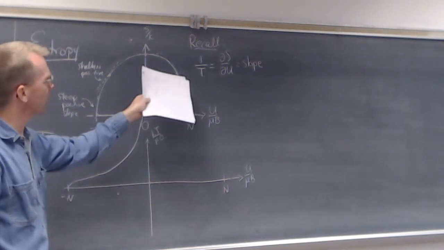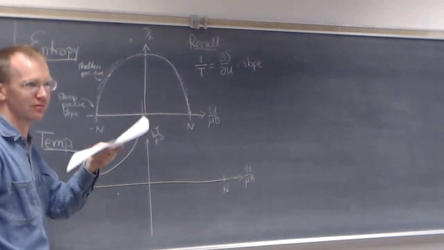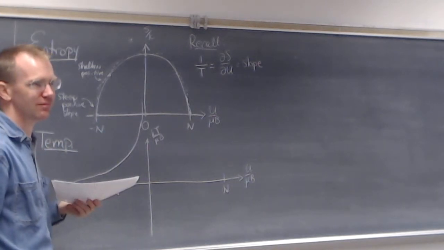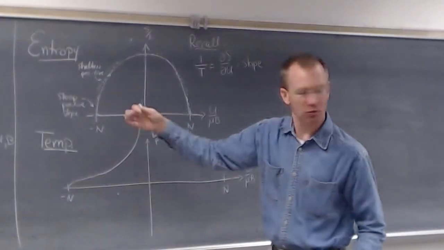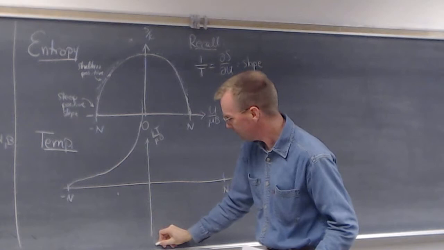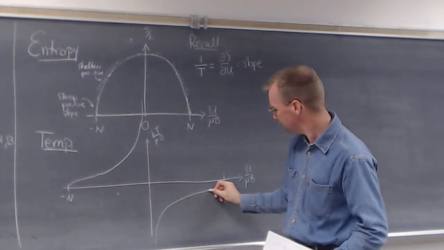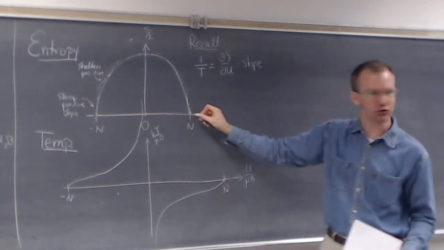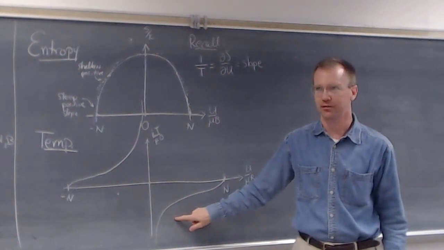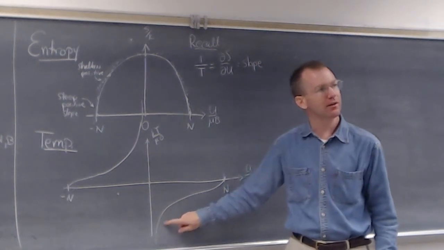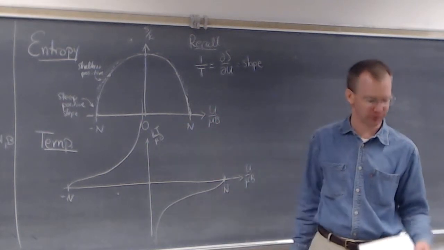If you've got 1 over a small negative number, the temperature is a large negative number. And it's symmetrical, or, well, anti-symmetrical because of that slope. So it goes from negative infinity here, and then you finally go down to there. This is the weird part. You have negative temperatures when you have positive energy for the whole system.